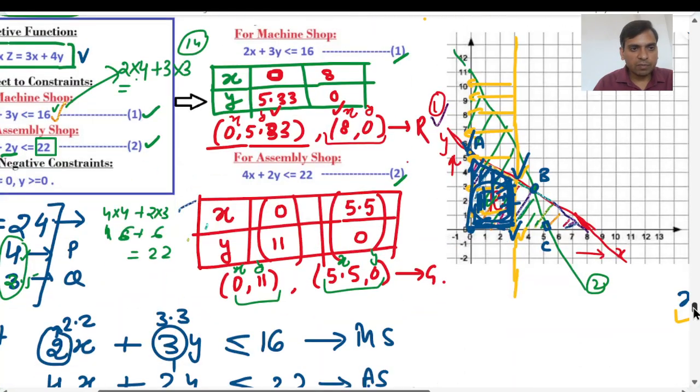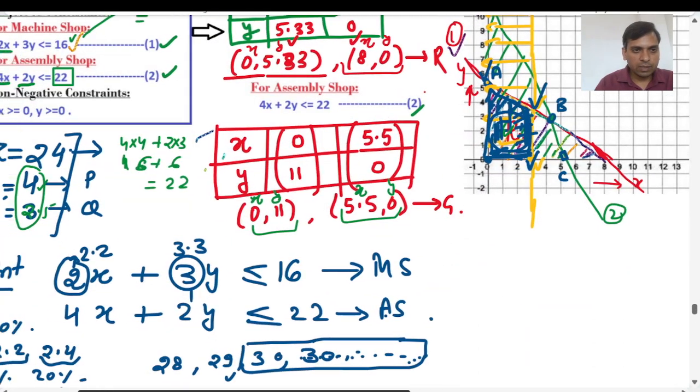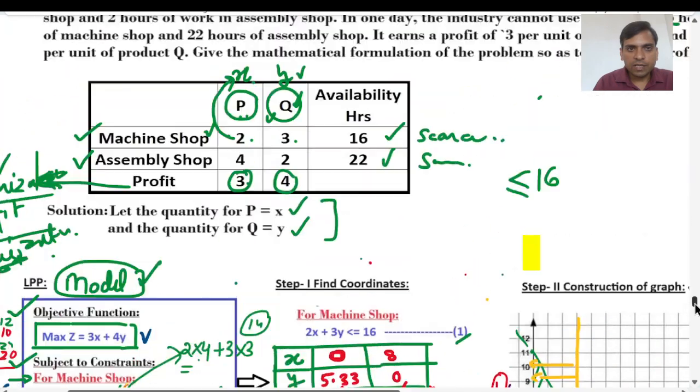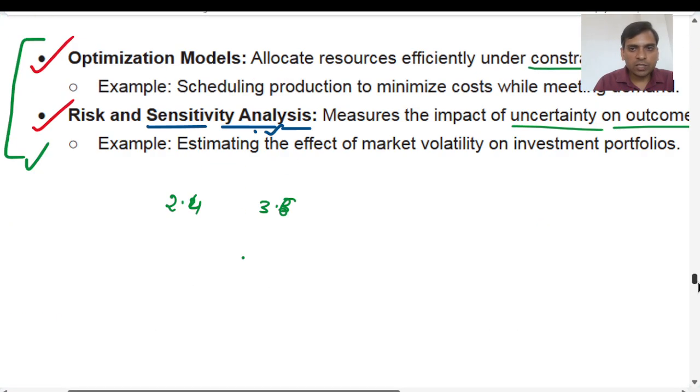In this constraint part, we are replacing this value 2 with 2.2, a 10% increase. Then we are observing the total impact on the maximum value of Z. So this change is called sensitivity due to change in parametric values.